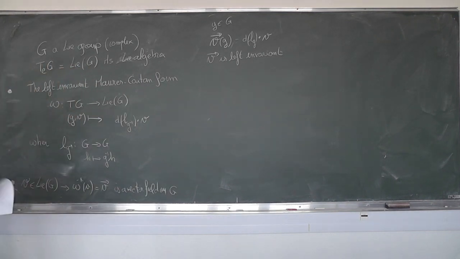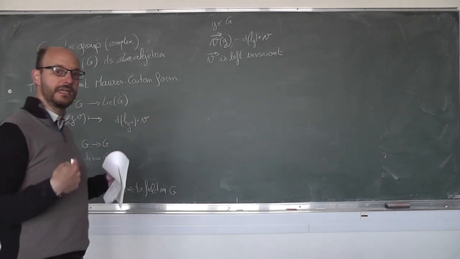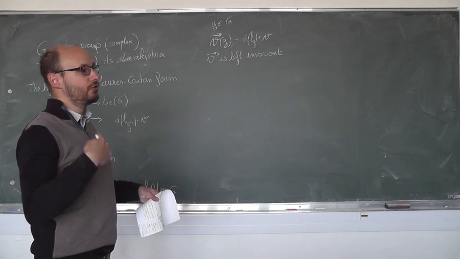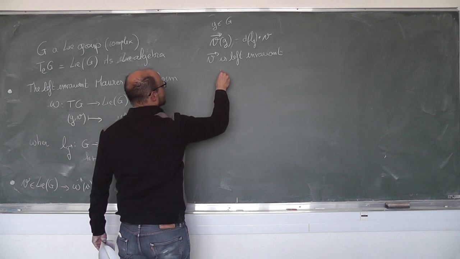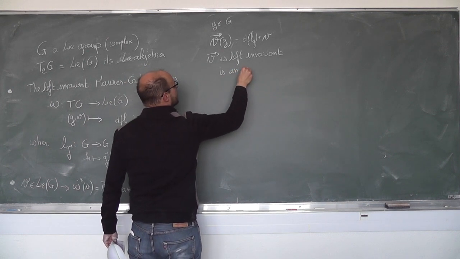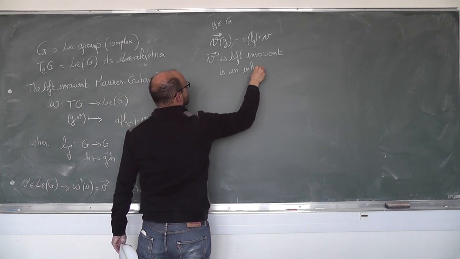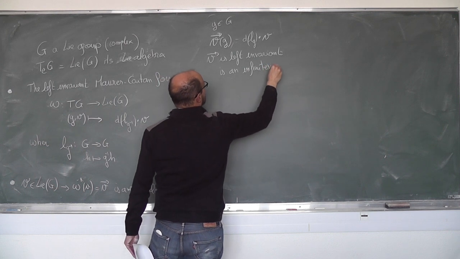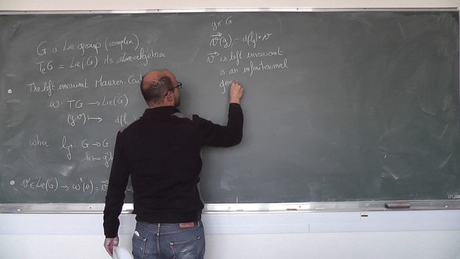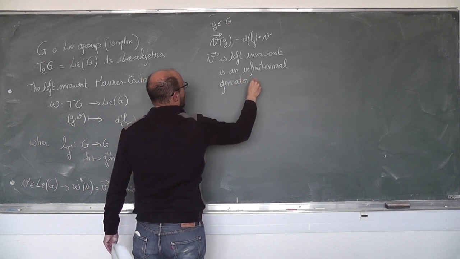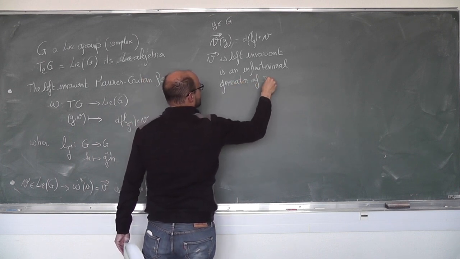Now what happens is that left invariant vector fields are the infinitesimal generators of right translation.